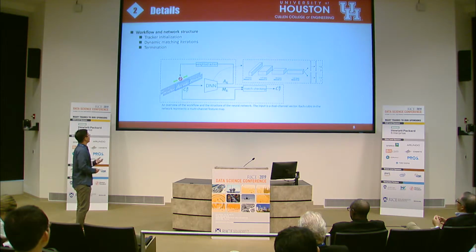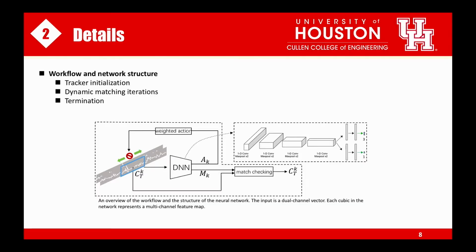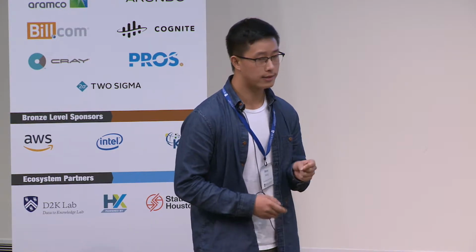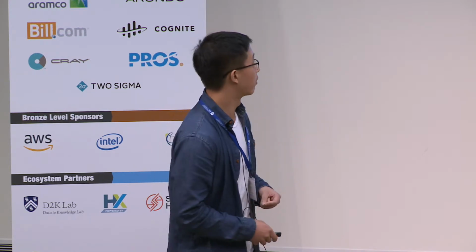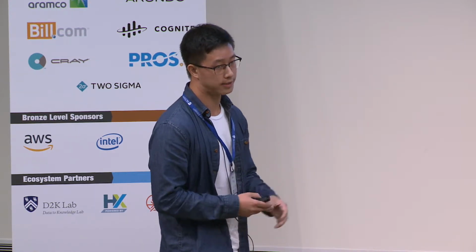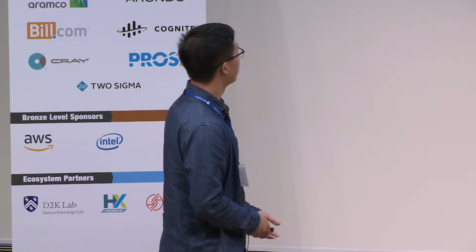The workflow of this process can be split into three parts. Firstly, we need to propose a pattern on the reference log. At the same time, we take the position of this query as the initial position of the tracker to initialize the tracker. And then we start these moving iterations.